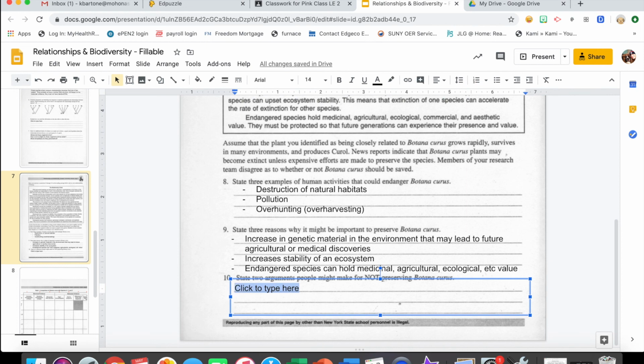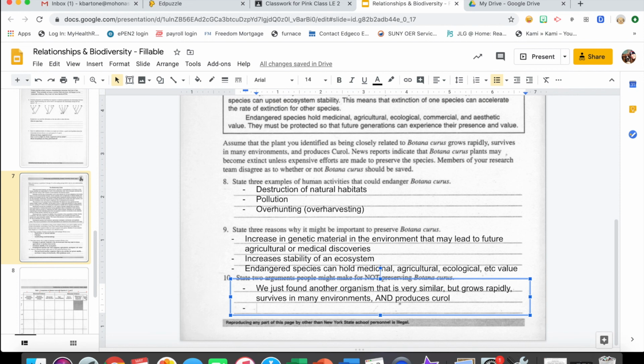Well, maybe we don't need it because we just found another organism that is very similar, but grows rapidly, survives in many environments, and produces cure-all. So why bother saving the Botanicurus if we already have species Z that will do the same thing? Well, it's fine. We don't need to. Okay, so that's one reason.